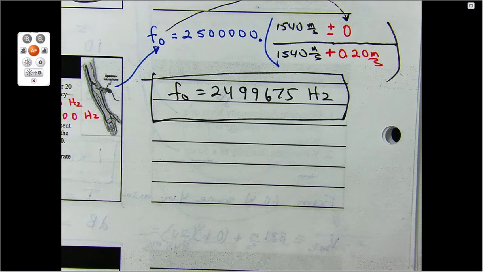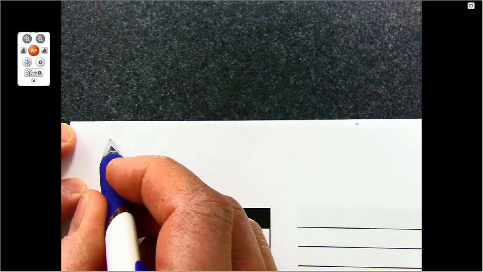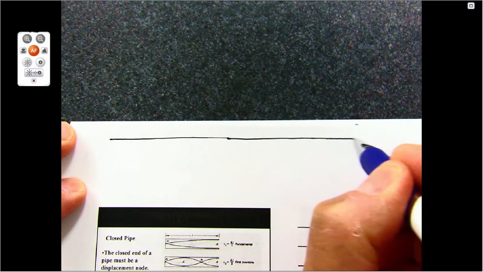Okay. Now, let's start our drawing up here. I need you to do a nice drawing up here. We are going to do open and closed pipe resonance. So we need a really nice drawing here of a straight line like this.